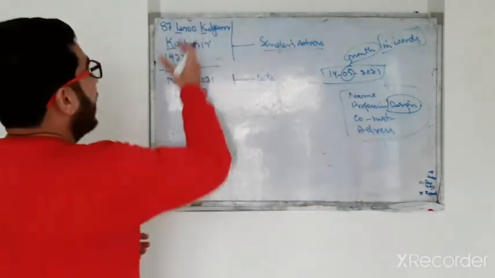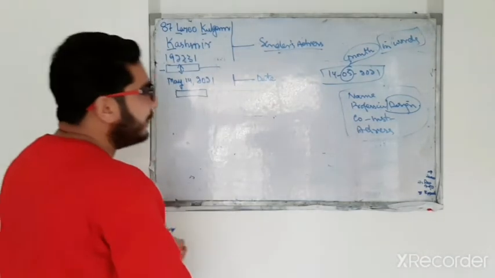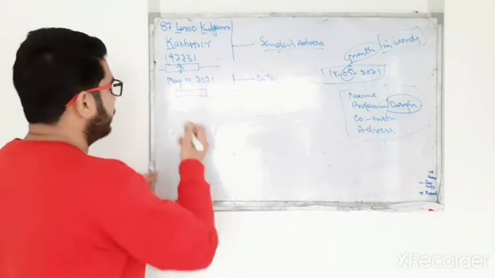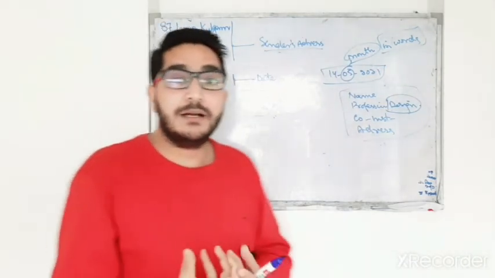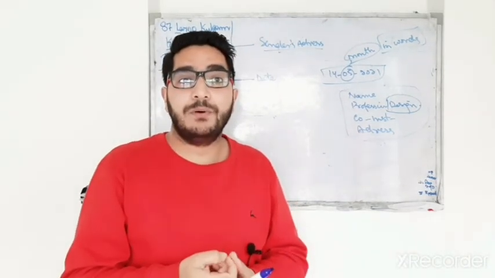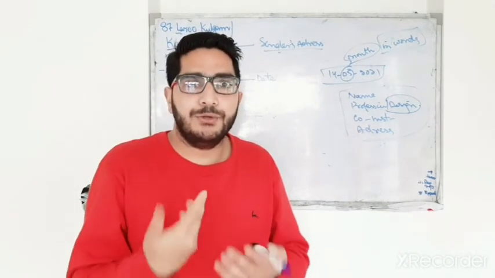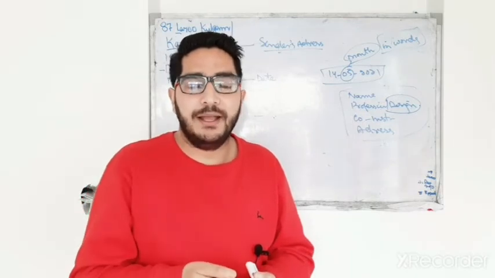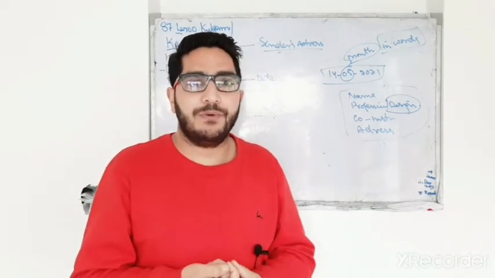For example, I am writing this letter. I wrote the date. Now I have to write a letter to the editor-in-chief of Times of India, but I don't know his name or who the editor-in-chief of Times of India is.